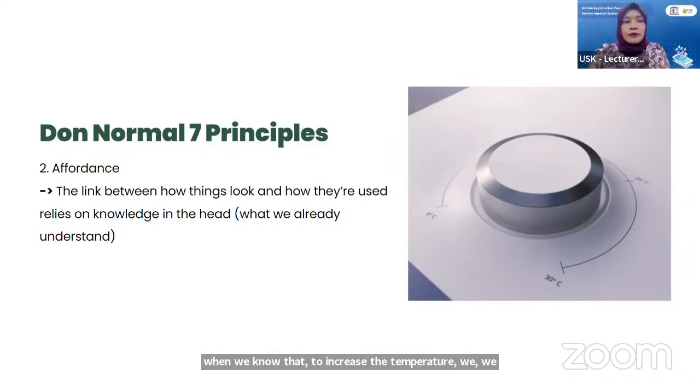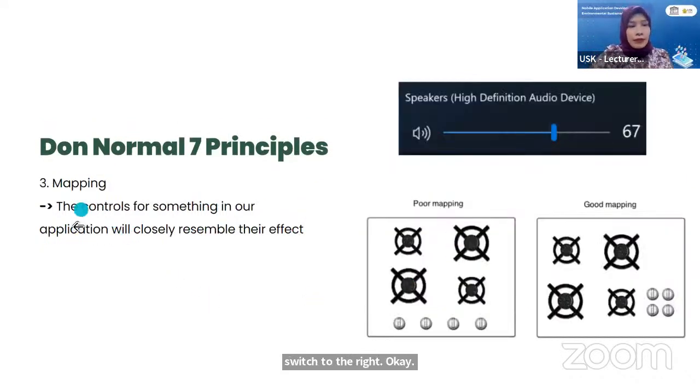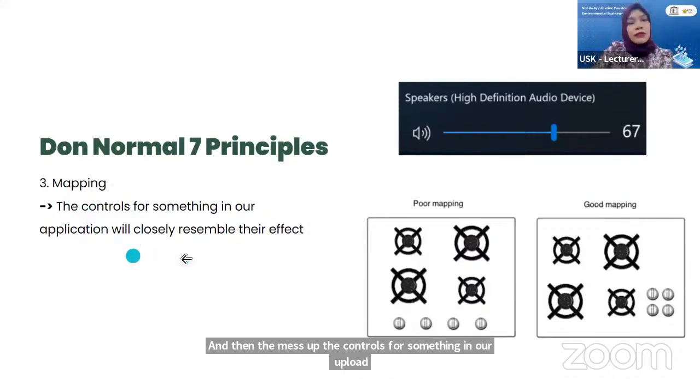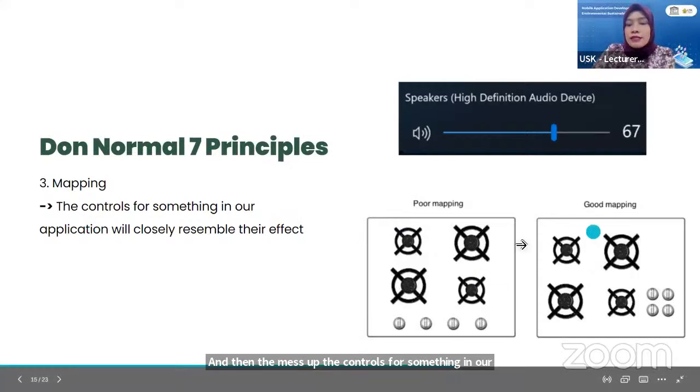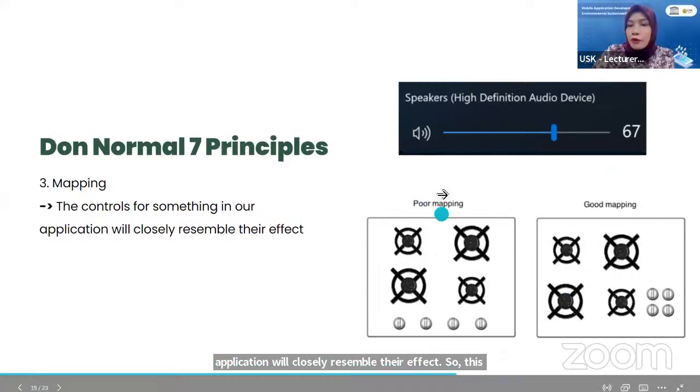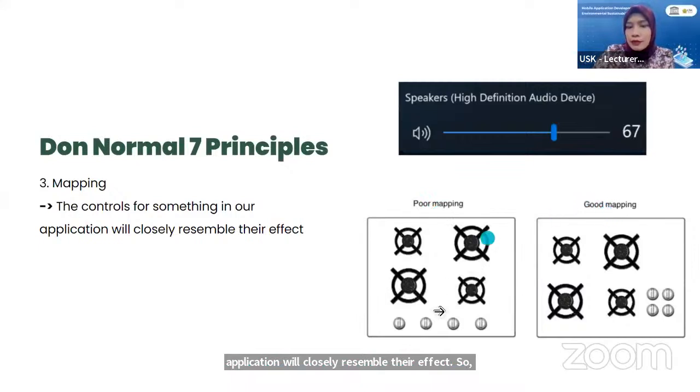And then the mapping: the controls for something in our application should closely resemble their effect. So this is an example of poor mapping, and this is good mapping.